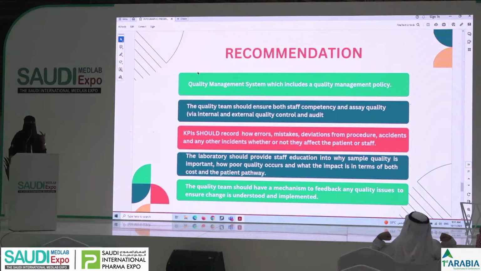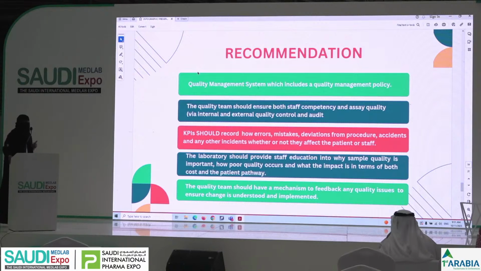We should not have the same error from the same source weekly and monthly, and keep it as just registered numbers without sorting out the issue. Whenever we receive the same issue, we need to track the source of the error, and in each hospital there should be a quality department to deal with this issue and sort it out.